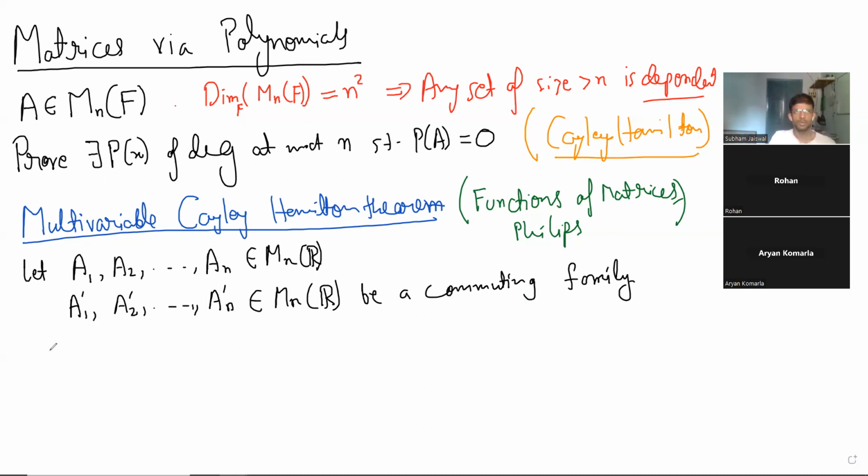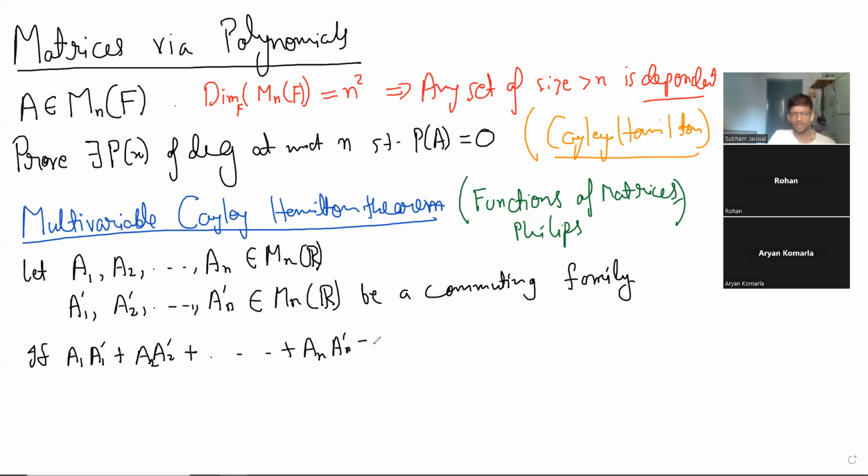Okay. So if there is a system of equations, if there is just a linear homogeneous equation of matrices with coefficients also in matrices, so you can see what is happening.